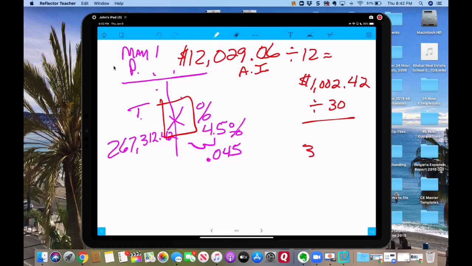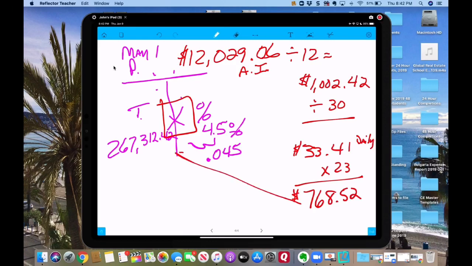So the daily interest is $33.41. This is daily. And we're closing on May 23rd. So there are 23 days of interest because you always pay interest in arrears. And so the interest charge for May is $768.52.